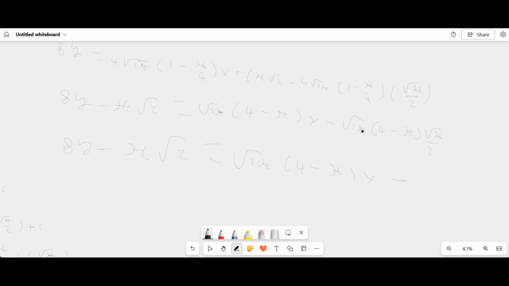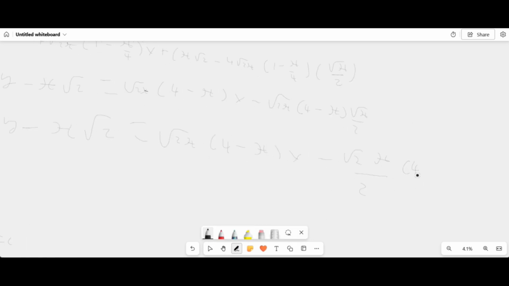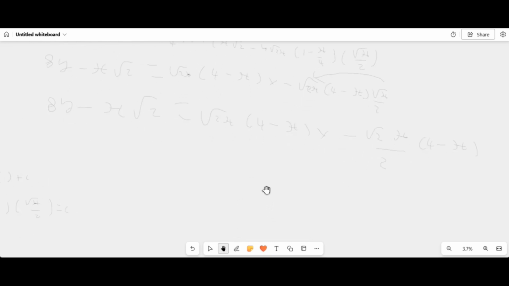That's going to get you normal pi, and then we're going to remain with root 2. So it's going to be root 2 normal pi over 2, obviously then times 4 minus pi. What I did there is I just timesed the root pi by root pi, that's going to give normal pi. The root 2 remains the same, and it's all divided by 2, so just times this and this. Alright, safe. So now we've got this situation here.